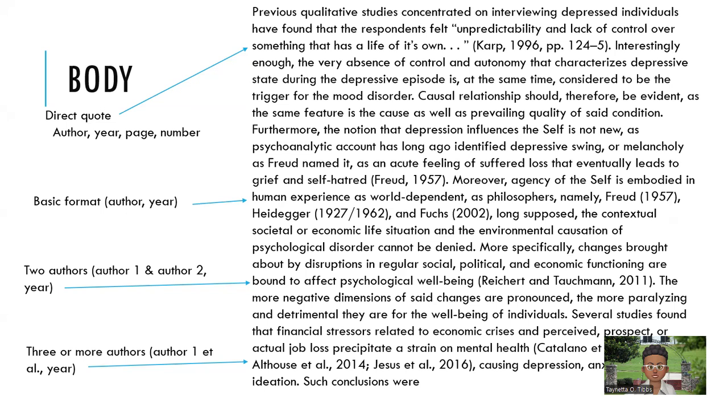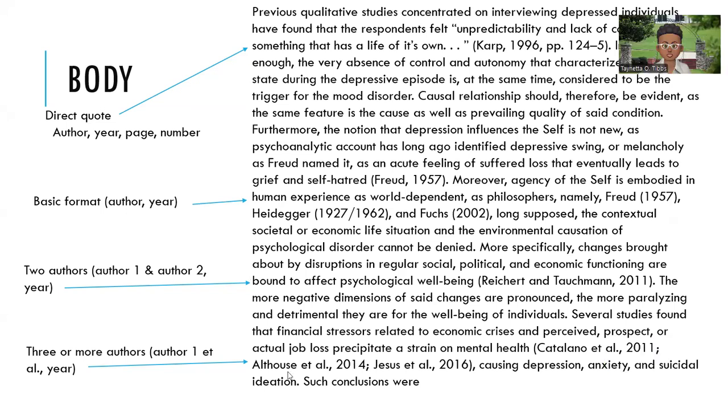When there are three or more authors, it will be the first author followed by et al., E-T space A-L with a period behind it, and then a comma and the year. And if there are multiple, it will show as indicated here.